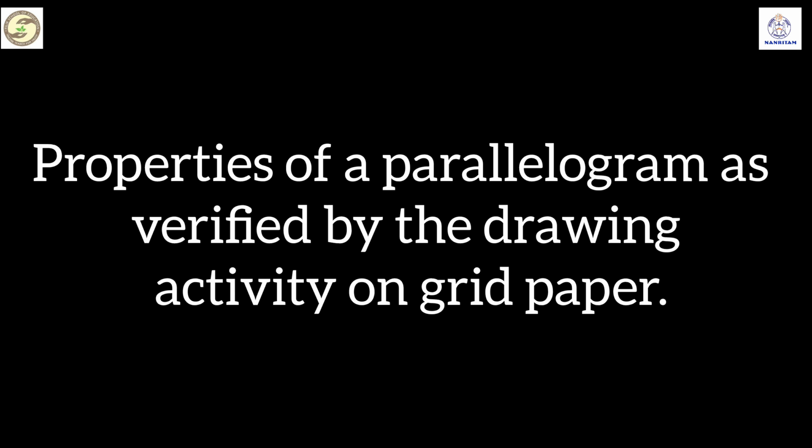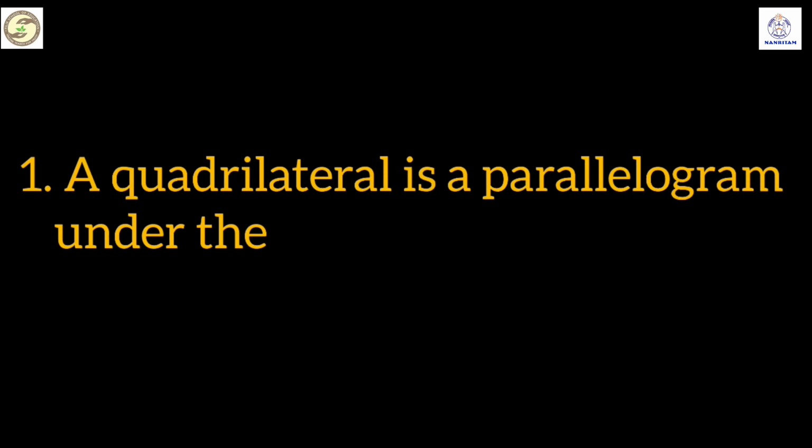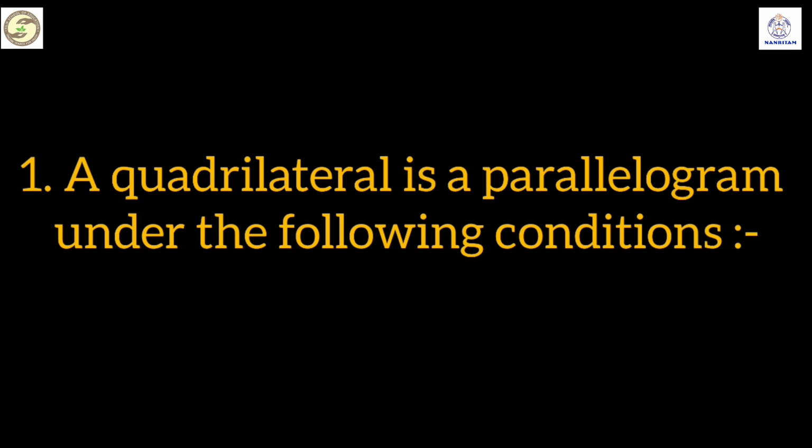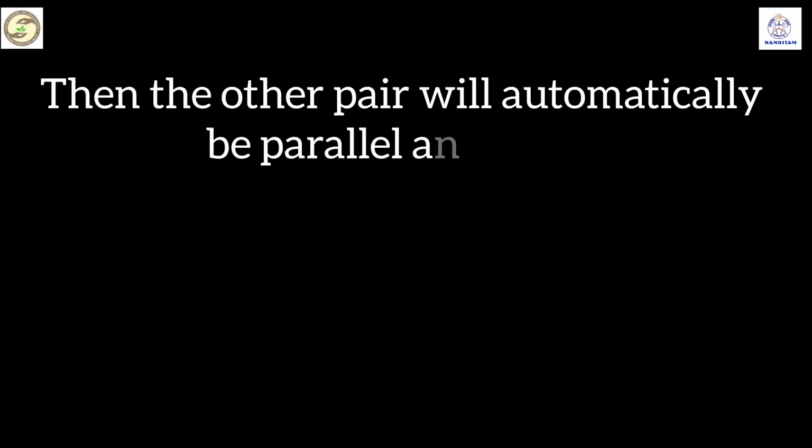Properties of a parallelogram as verified by the drawing activity on grid paper. 1. A quadrilateral is a parallelogram under the following conditions. Number 1. One pair of opposite sides is parallel and equal. Then the other pair will automatically be parallel and equal.